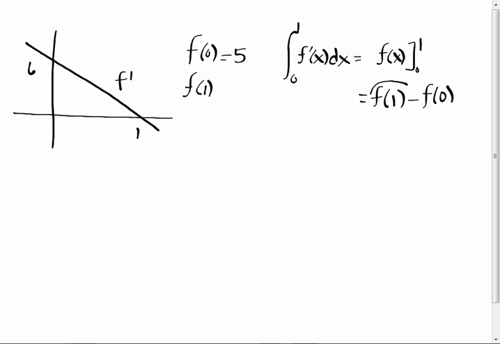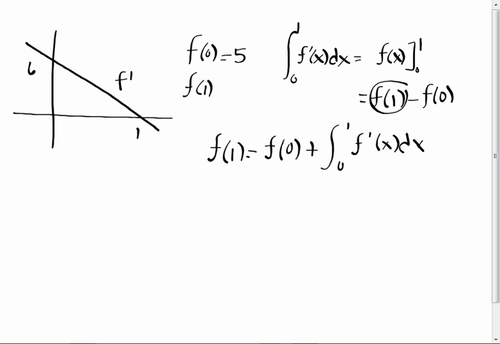So I want to find f of 1. So f of 1 is equal to f of 0 plus this integral. 5 plus whatever you get. But this is easy. Do you have to integrate this, or could you just find the area under the curve?